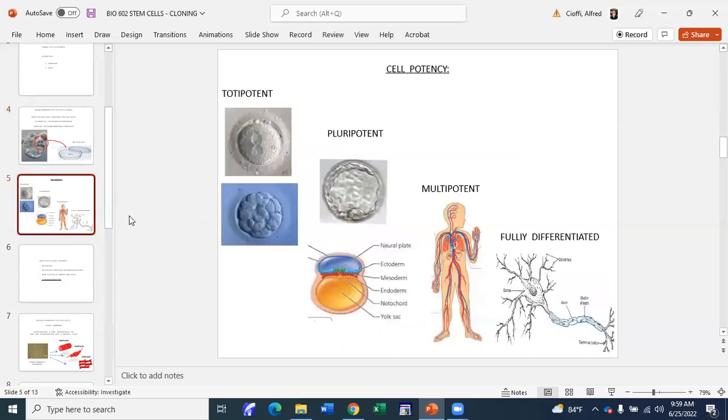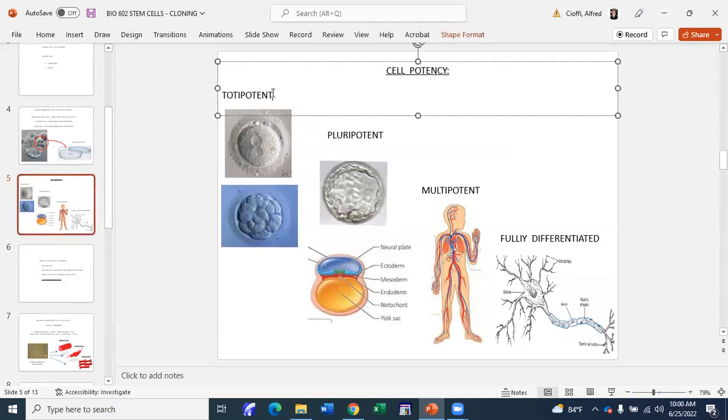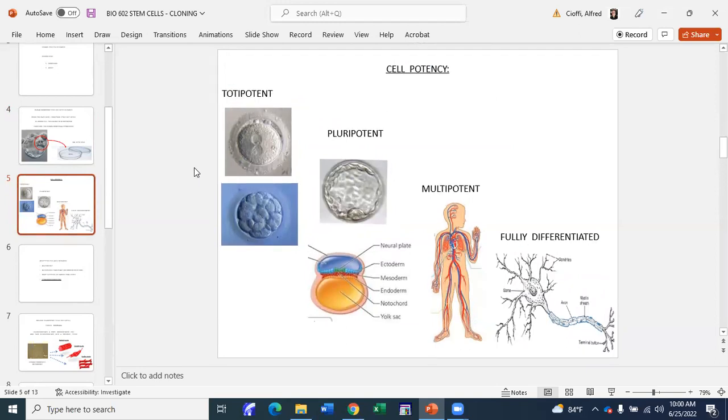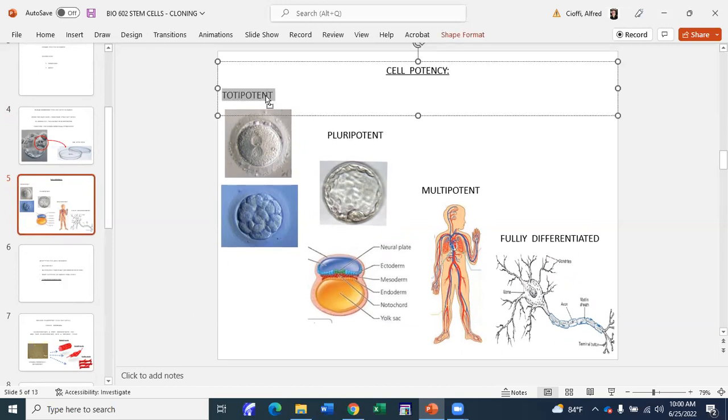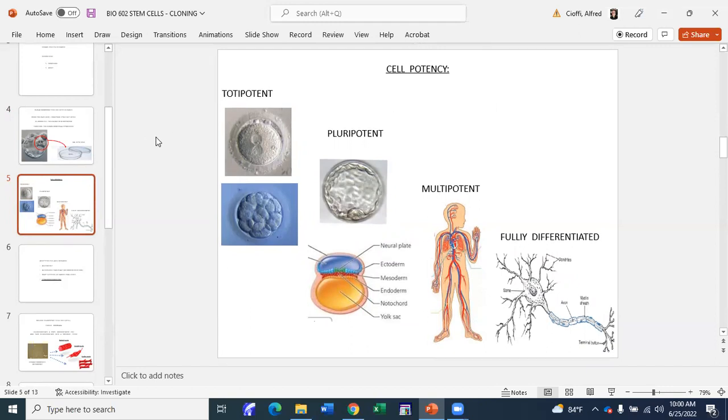All right, cell potency. We begin with what is known as pluripotent, and here again is the added value of the course, a little Greek and Latin. Potency. This also is an opportunity, by the way, to talk philosophically a little bit.